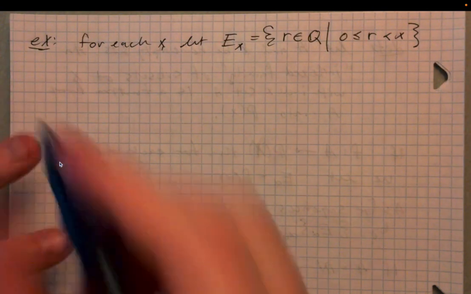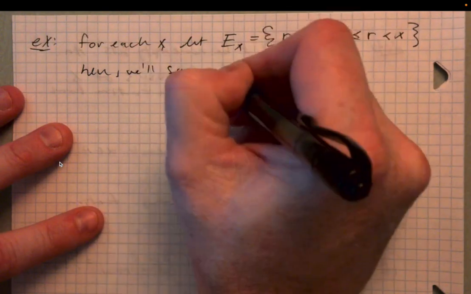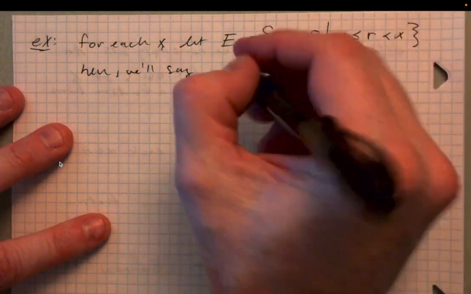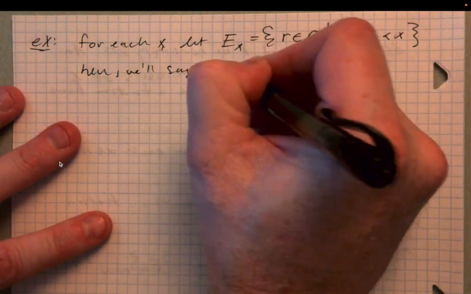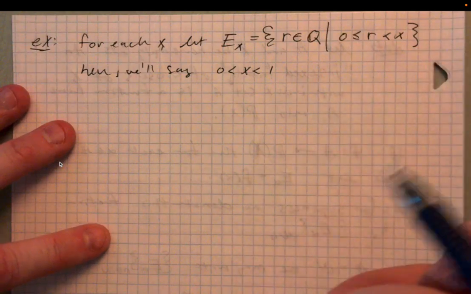And so in here we'll say that x has to be between 0 and 1. We'll say 0 is less than x less than 1. So we'll limit our index set to just this interval.